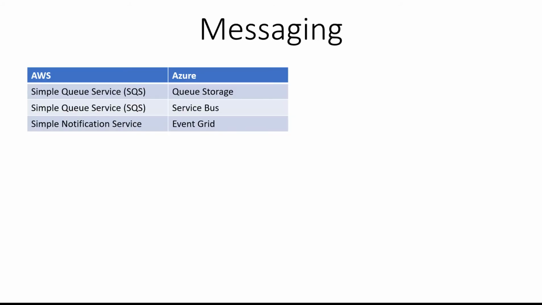Messaging. This is more about queuing. Between two systems, system A and system B, you want both systems to work asynchronously. The keyword is asynchronously. System A will push the data to messaging and continue further, and system B will take it from messaging and process it.